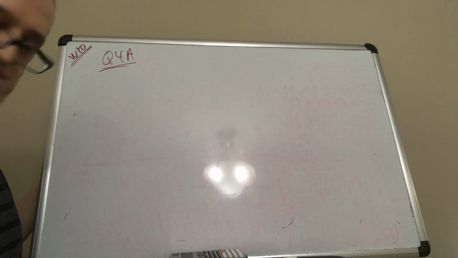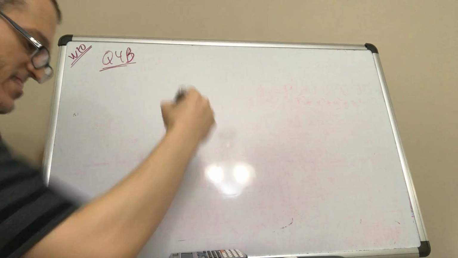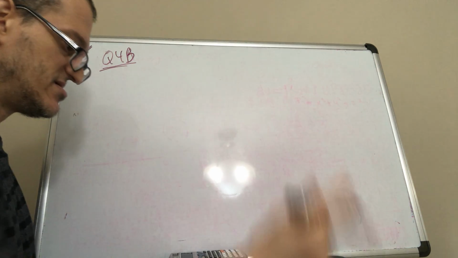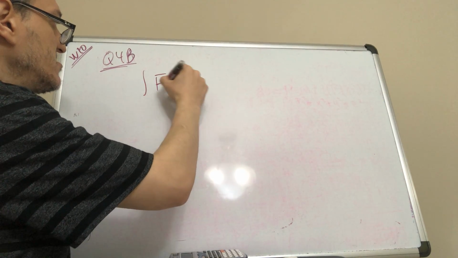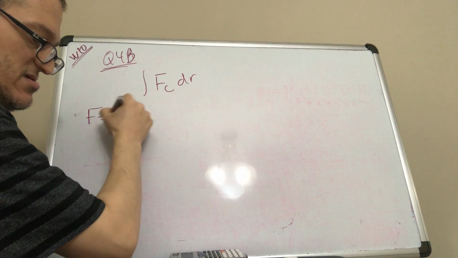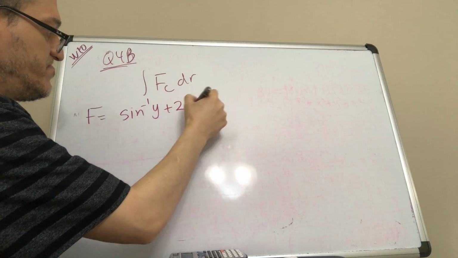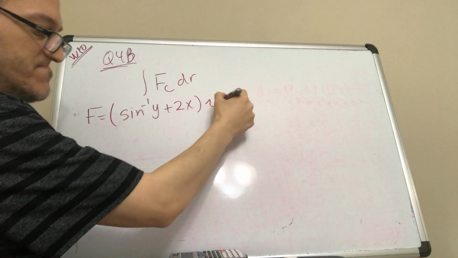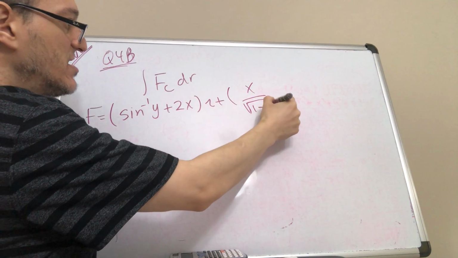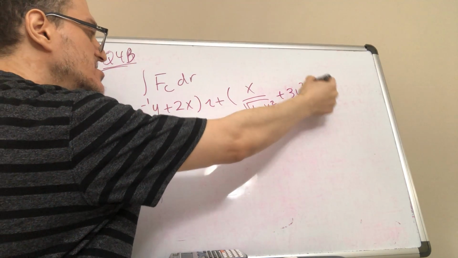From worksheet B, you're given the integral, and the function is sine inverse of y times i, plus x over the square root of 1 minus y squared, plus 3y squared j.